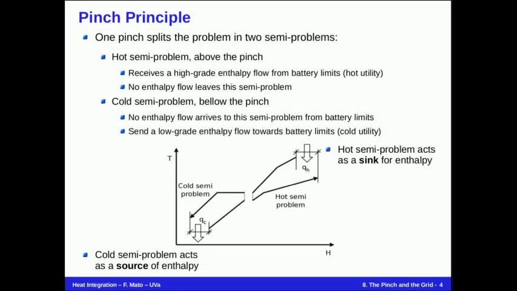The pinch principle establishes that one pinch splits the problem in two semi-problems. A hot semi-problem above the pinch that receives high-grade enthalpy from battery limits, this is hot utility, and doesn't leave enthalpy flow below the pinch.